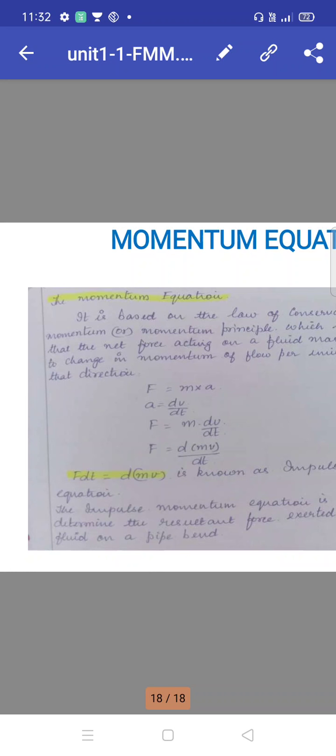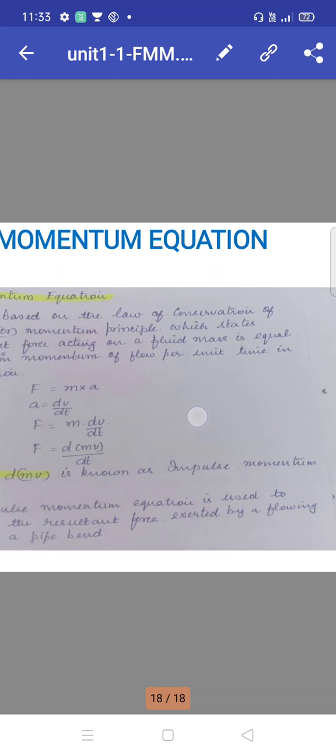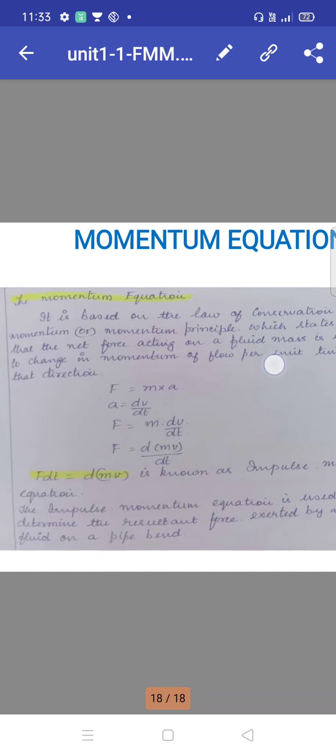We can simply write F is equal to d(mv) by dt. Moving dt to the left side, force into dt is equal to d(mv), which is known as the impulse momentum equation.